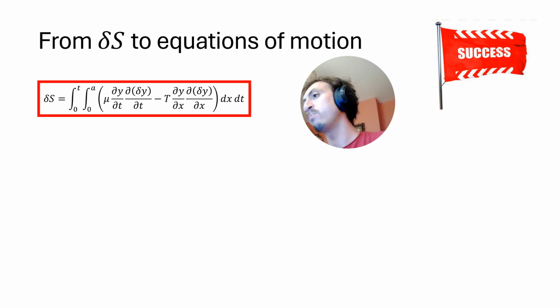And even if we used the integration over x to get rid of that partial derivative, we would then be trying to integrate delta y over time. And it'd be very hard to know what to do about that delta y.